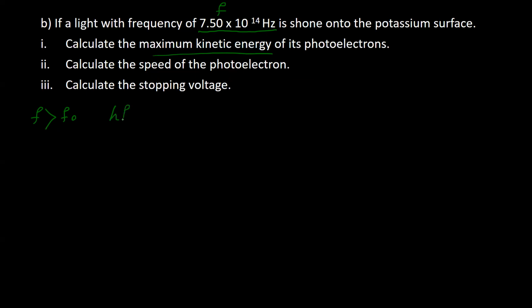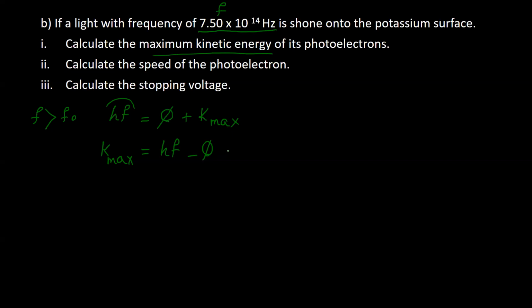So we are giving hf, this is the total energy of light that we are giving, a photon of light, and part of this energy is used to release the electron, that is the work function, and the leftover is kinetic energy of that electron, that we name the photoelectron. So if I put K max as the subject, it means K max, maximum kinetic energy, is equal to hf minus phi.